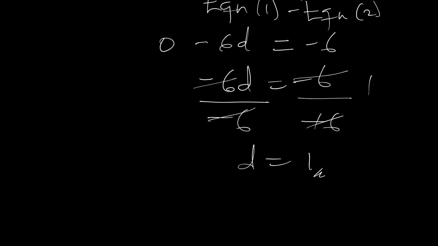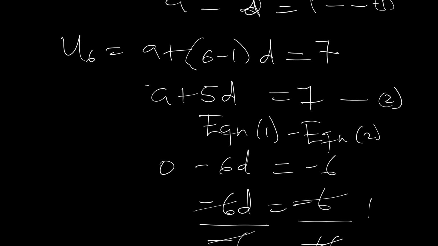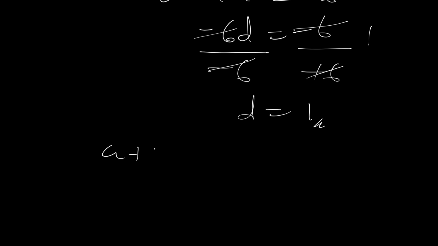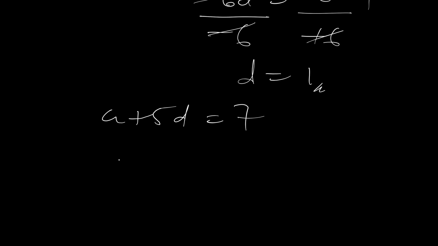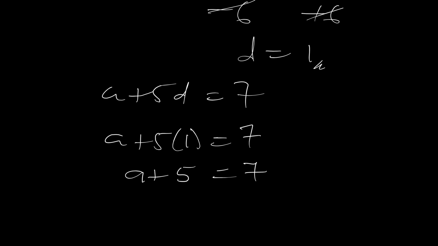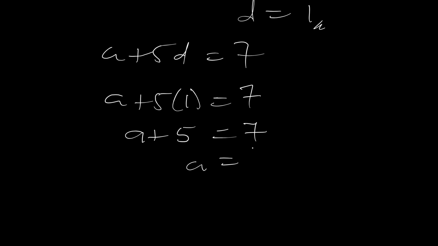So we can put d is equal to 1 in any of the equations. So let's put it in equation 2. Equation 2, we have a + 5d is equal to 7. Now when d is 1, we have a + 5 multiplying 1 is equal to 7. So a + 5 is equal to 7. And when we make a the subject, a will be equal to 7 - 5, which is 2.